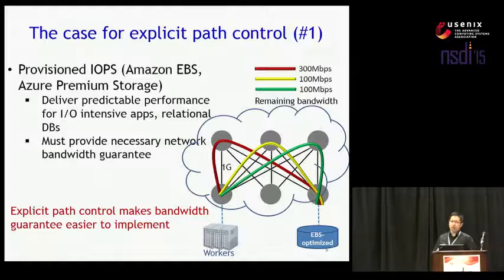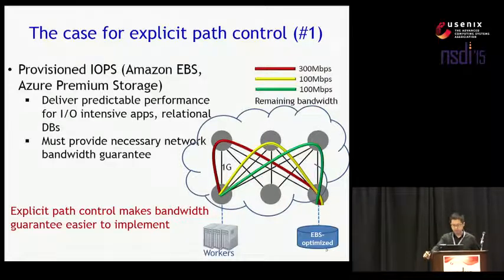Because these VMs access the storage through the network, to guarantee the provisioned IOPS, we must first be able to guarantee the bandwidth. We must be able to provide the necessary bandwidth across the network.